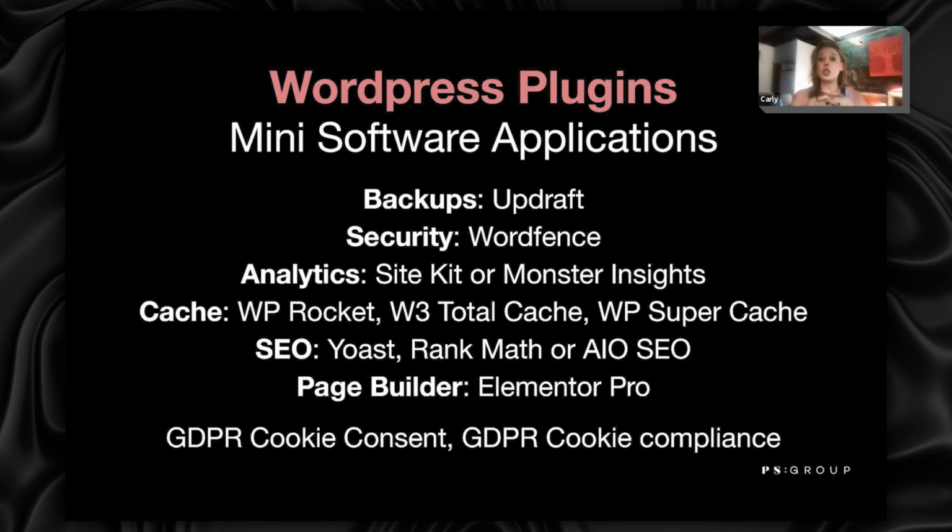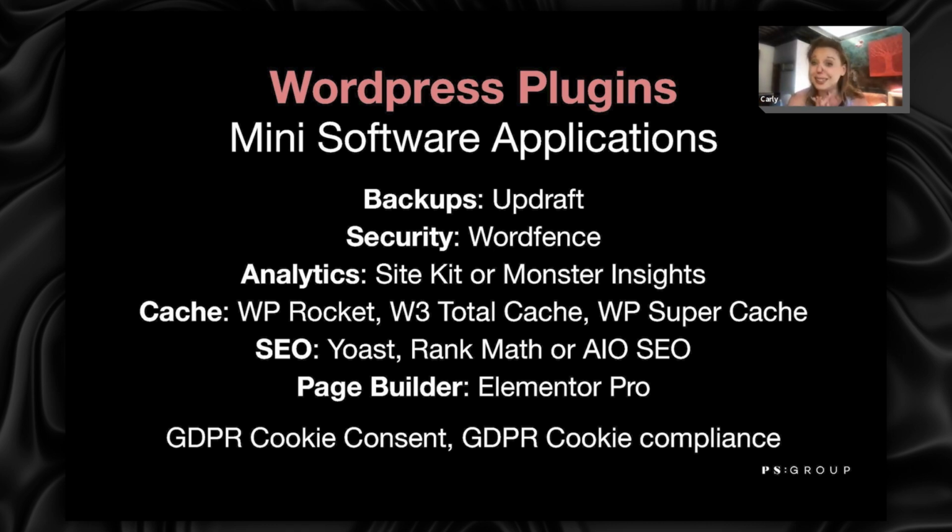So what are the softwares, the plugins that you absolutely need? You need something to save your website and do backups. We recommend Updraft. Okay. Then you've got security. You want to have a shield, a firewall. You want to scan for issues. You want security on the website. So we typically use WordFence.